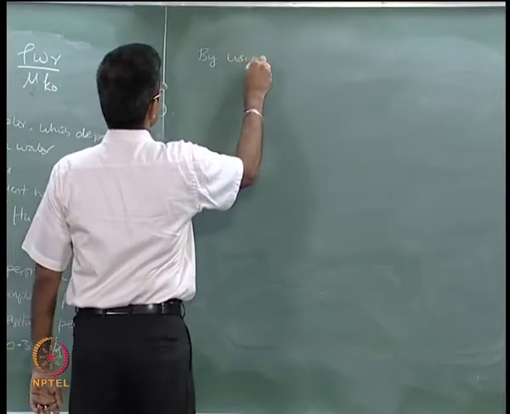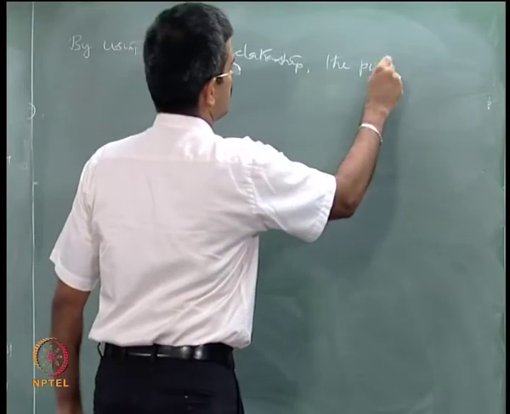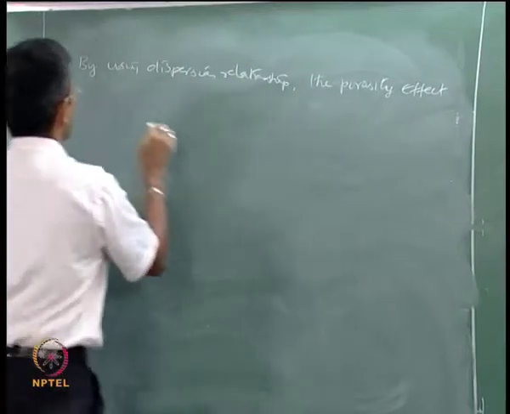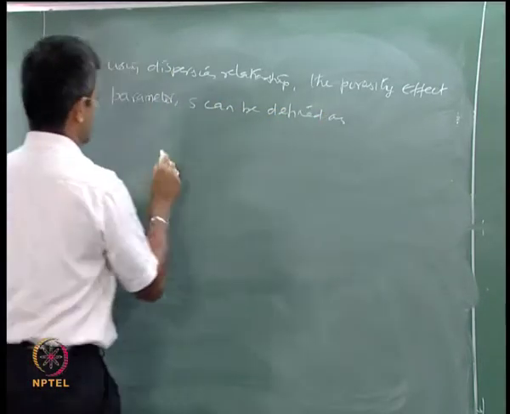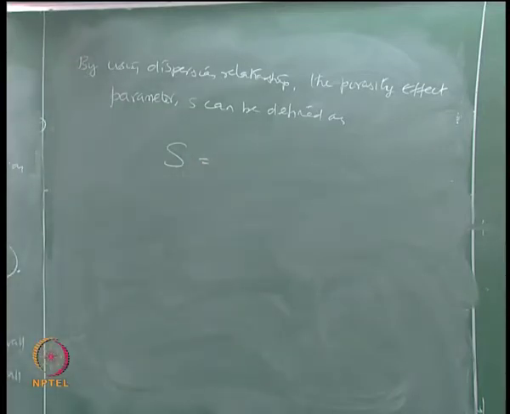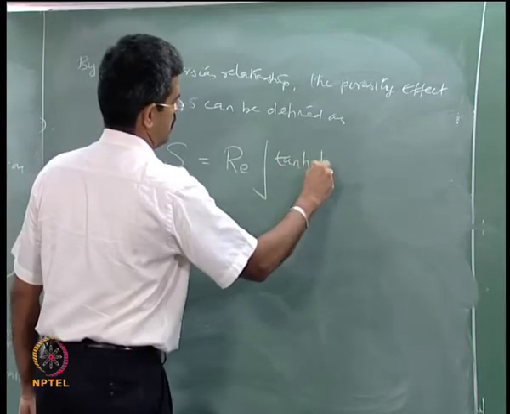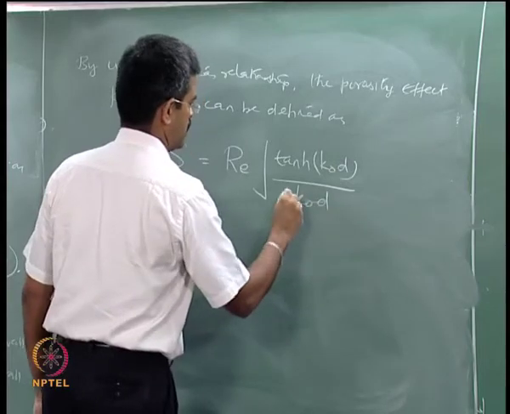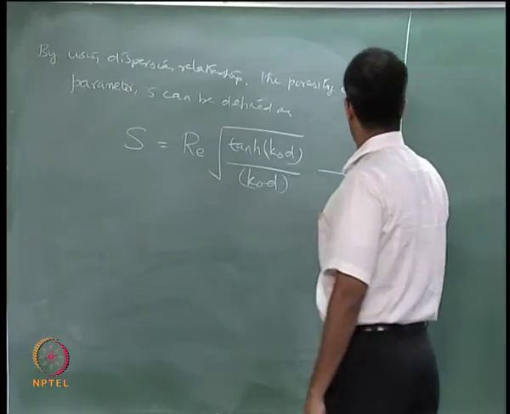Now, by using dispersion relation, the porosity effect parameter S can be defined as, call this as equation number. What is the equation number? 30.